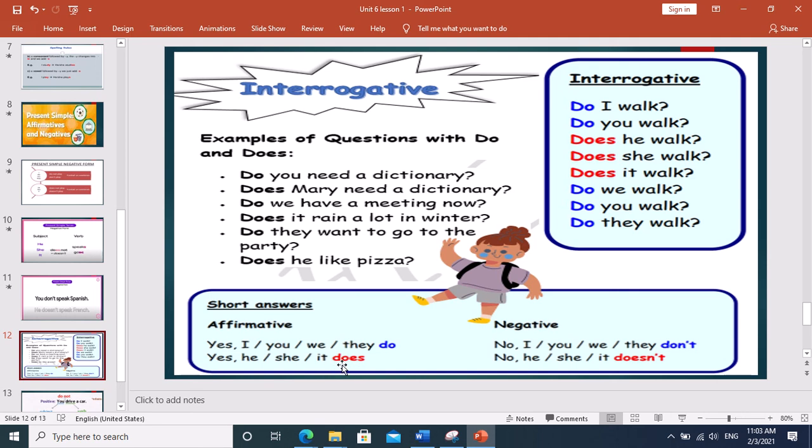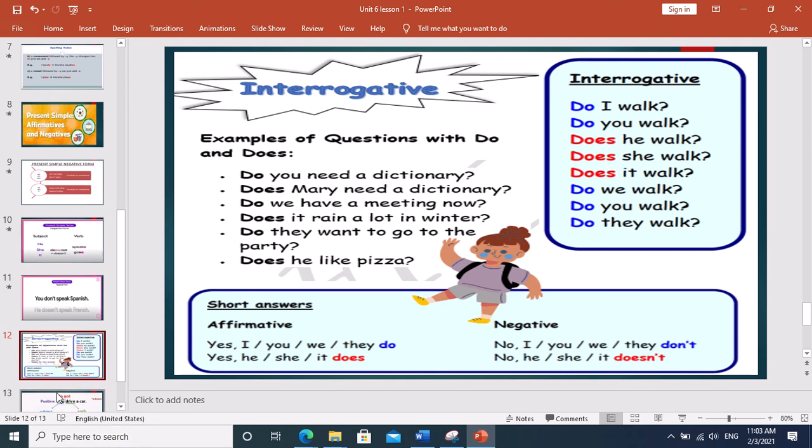Yes, she does. Or it does. If I want to say no, no, he doesn't. No, she doesn't. And no, it doesn't. This is the difference between interrogative, how can I make a question, how can I make the negative of present simple, how can I form my sentence in a present simple.